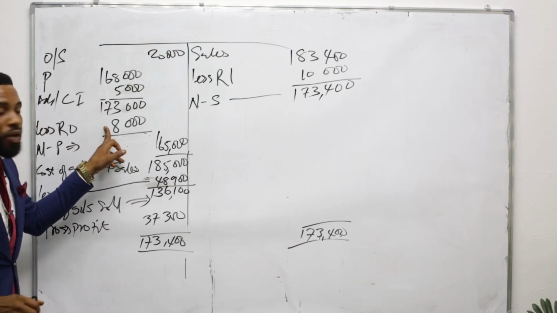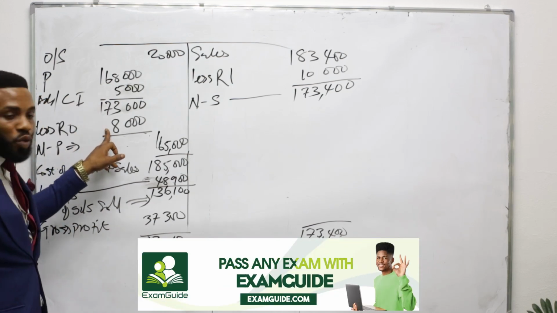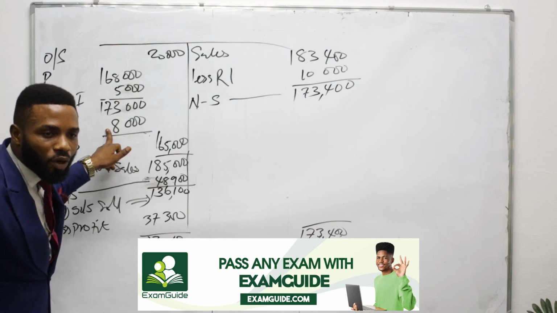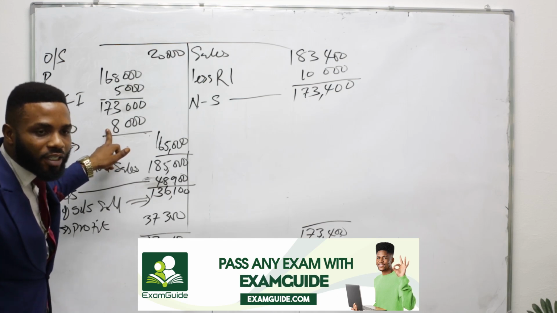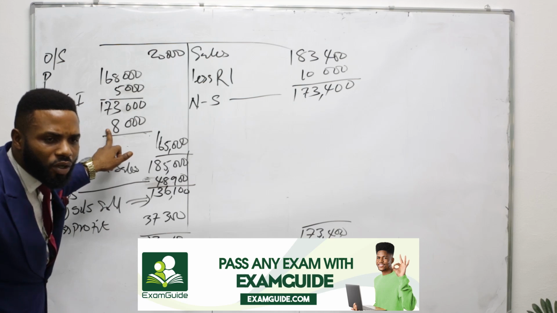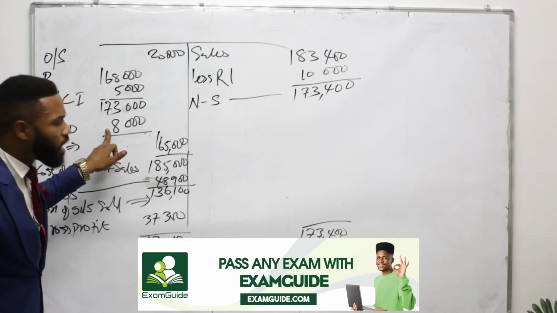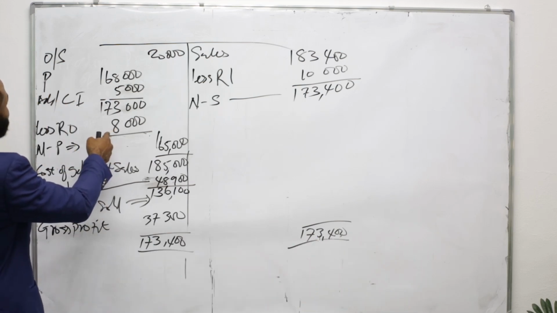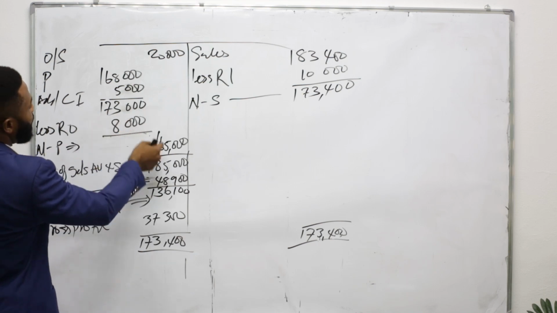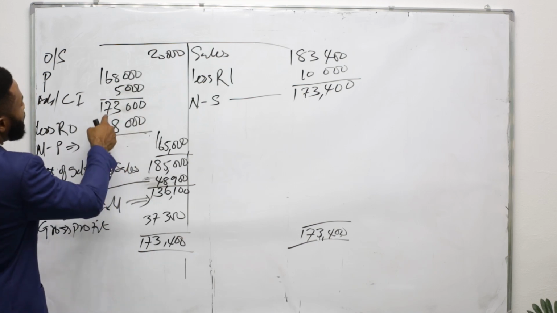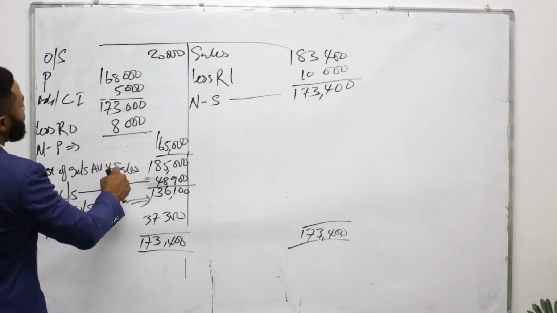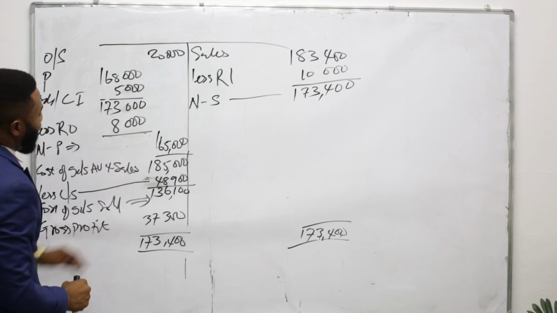Then your return outwards is 8,000. 8,000 minus this is 0, 0, 0. Then 13 minus this is 5. And then 16, that's correct.